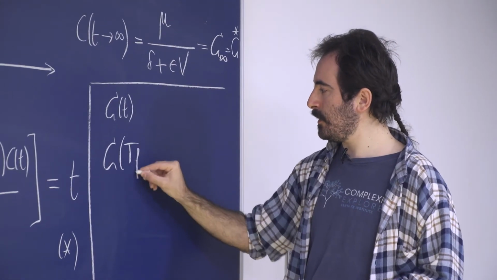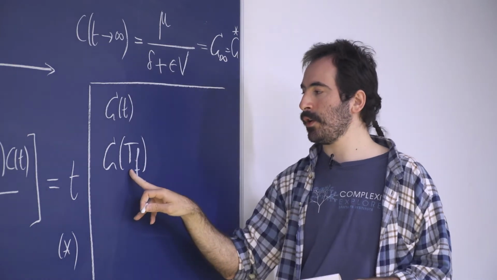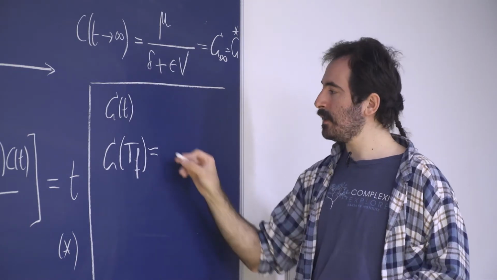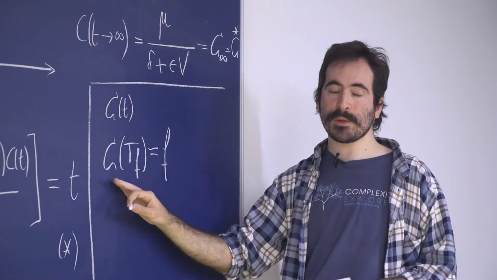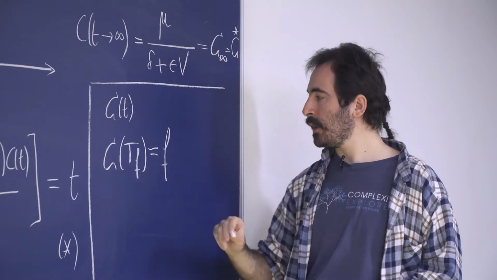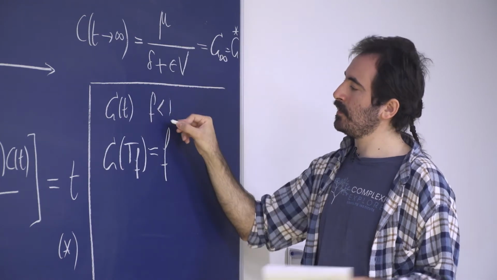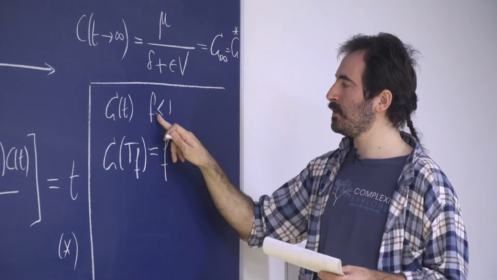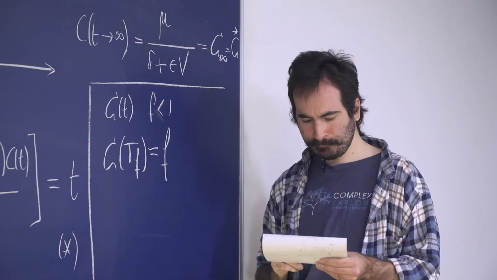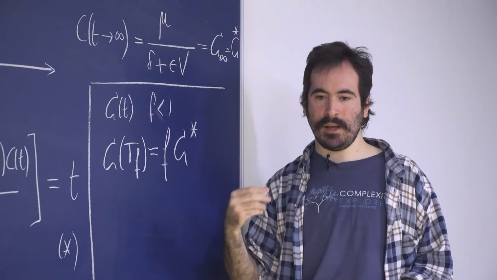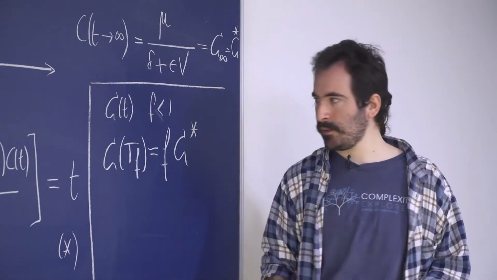Consider some time, which we're going to call T sub f, defined such that the total number of cells at that time is a fraction f, a number smaller than 1, times C star, or C when we are waiting sufficiently long times, right?